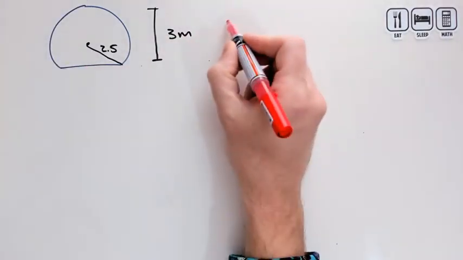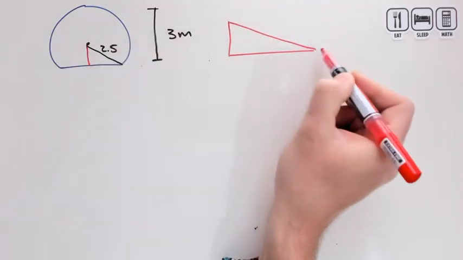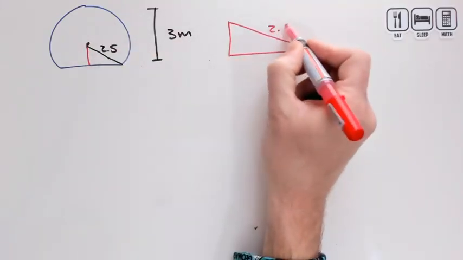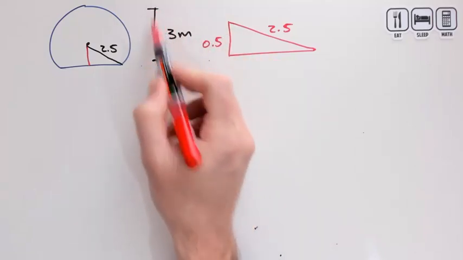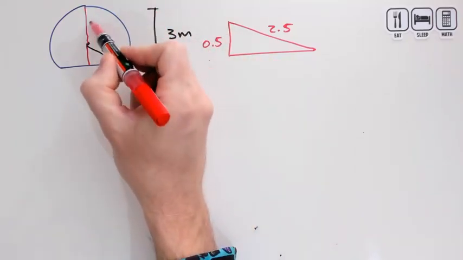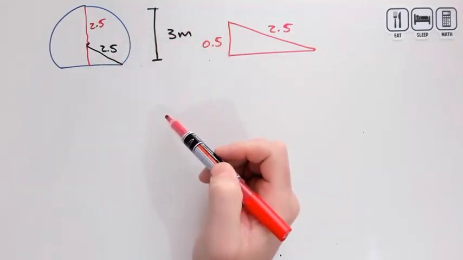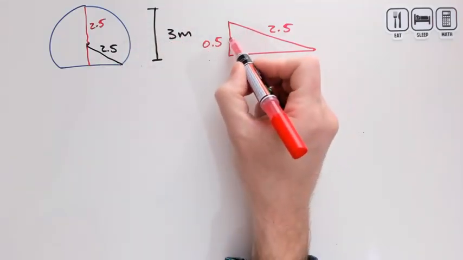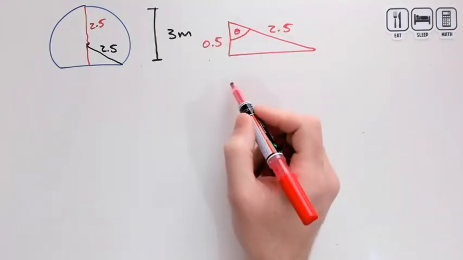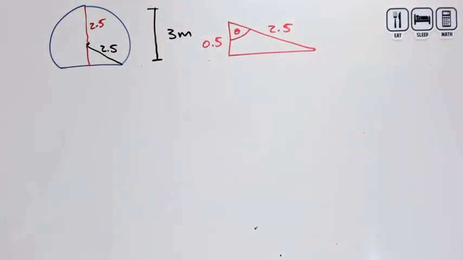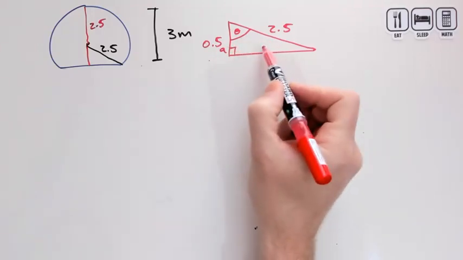I'm going to redraw that little triangle. No matter what I do, this is going to be the start, 0.5. I know that's 0.5 because the total height is 3 and the radius is 2.5. And I'm going to work out that angle. So this is adjacent, and I'm going to use SOHCAHTOA.